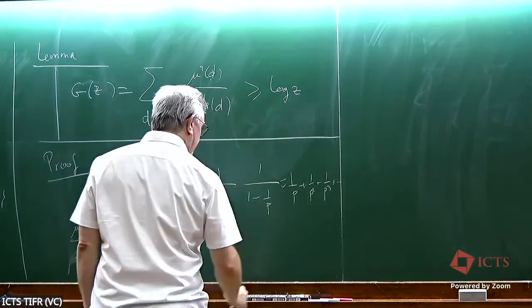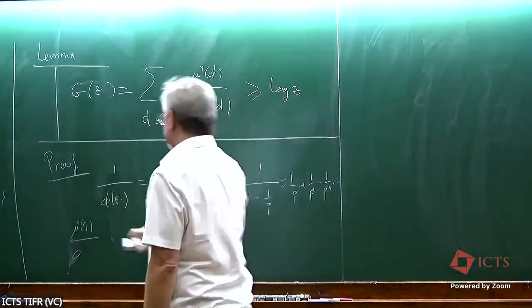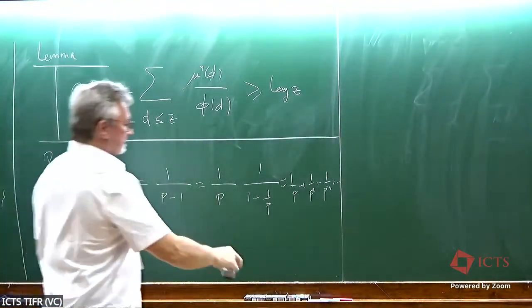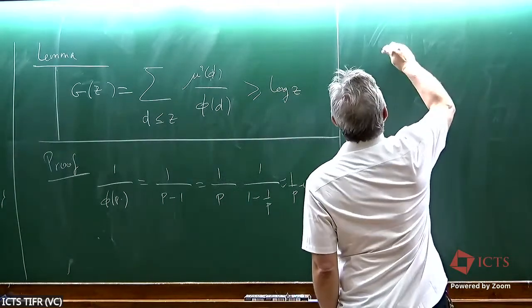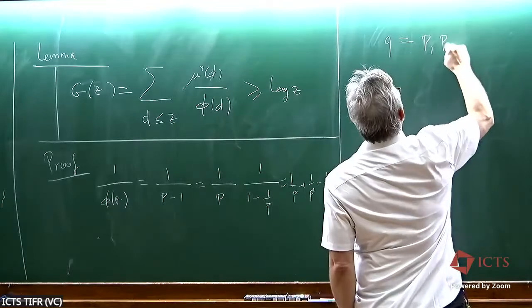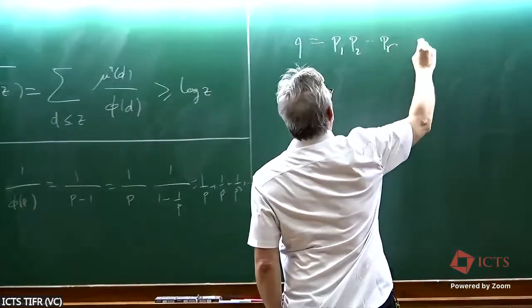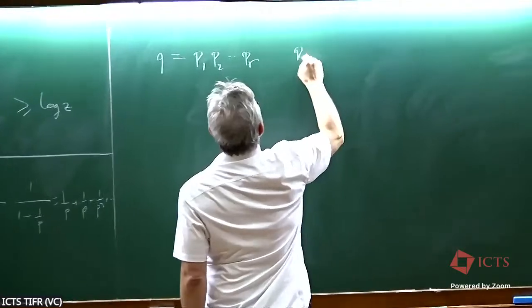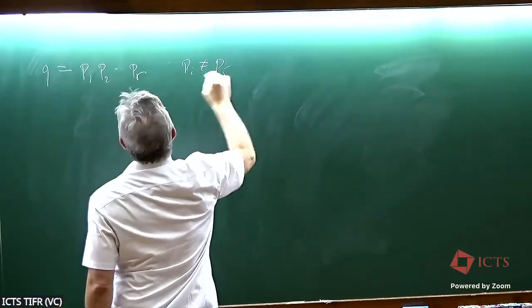No, I need lots of space because I need to write many things. Assume that Q is equal to P1, P2, ..., PR, and it is square free, so they are distinct.